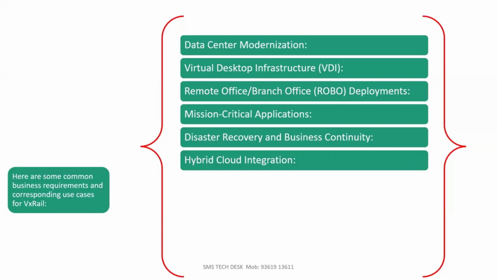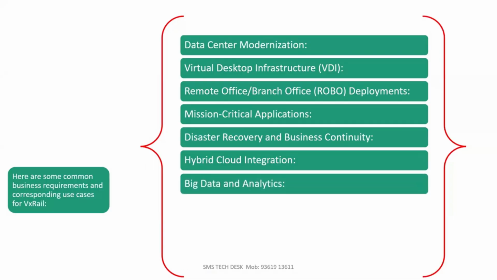Then next is hybrid cloud integration. The customer is going for VCF, VMware Cloud Foundation, and they can choose to run VCF on VxRail. We can also use VxRail for big data and analytics. If this is the customer's requirement, we can very well suggest VxRail.